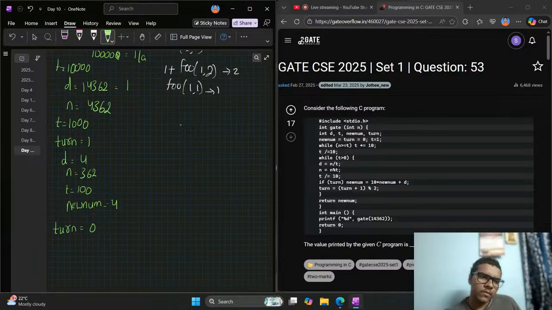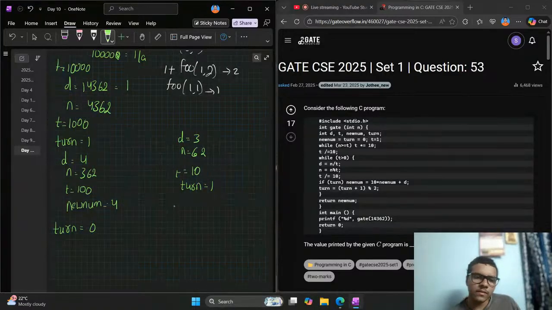Now D is equal to 362 by 100, that is 3, and N is equal to 62, and T will be 10, and turn is 0, so I don't care. Now turn is equal to 1. T is greater than 0, yes it is.